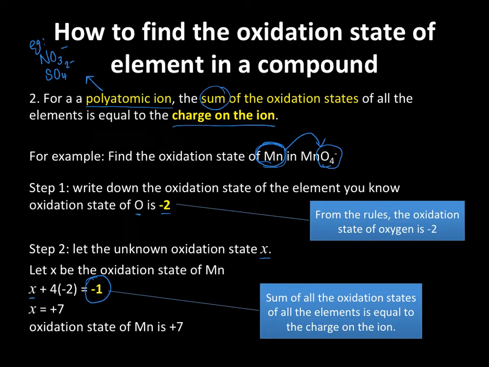So the sum of the oxidation states of all the elements will be equal to the charge on the ion. Okay, so I solve this algebraic expression, I get my answer. The oxidation state of Mn is +7.